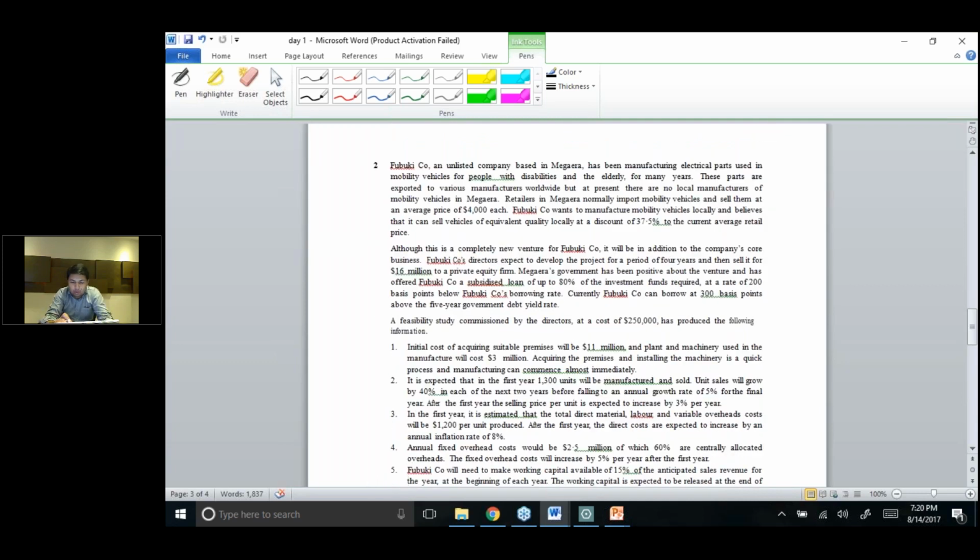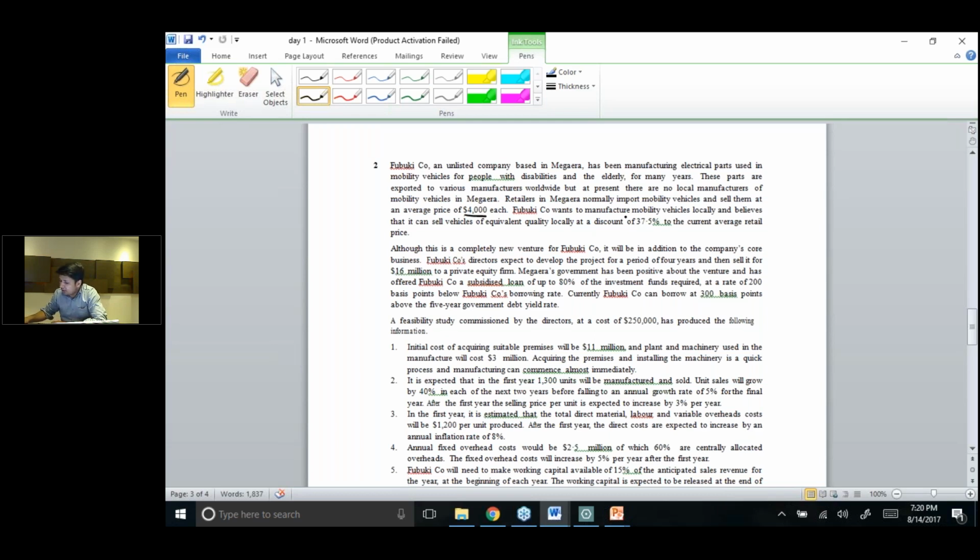Fubuki is a company name. That company is going to start a new project and its selling price is $4,000 minus 37.5% discount.